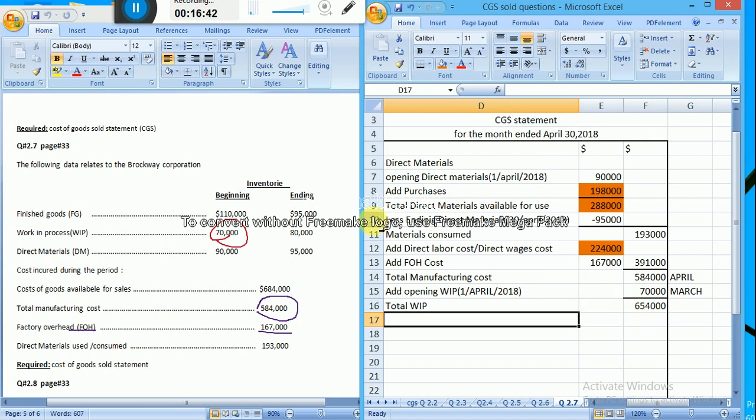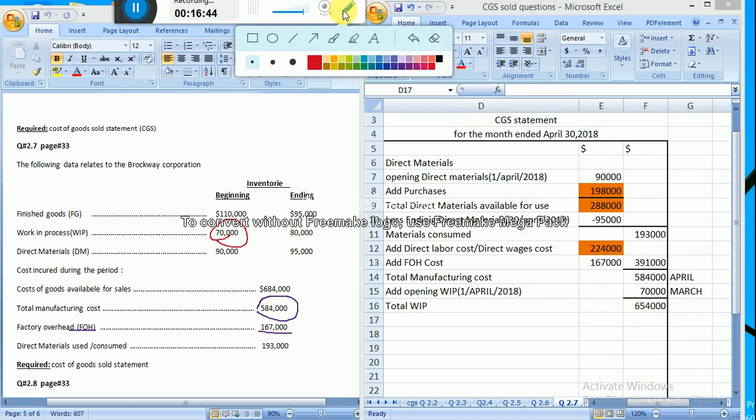So the 80,000 work in process remained in machinery at the end of April, which was not converted to finished goods. So what we will do now, we will subtract this 80,000 from the April calculation. Why? To find out the exact cost of the goods manufactured.